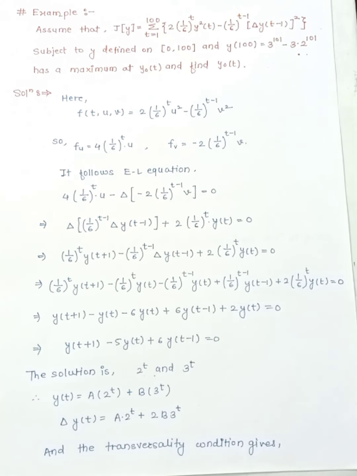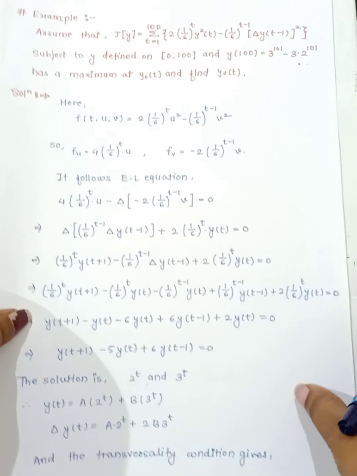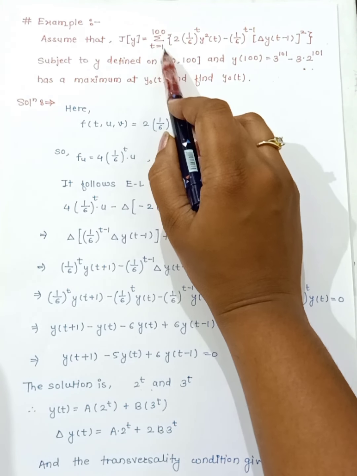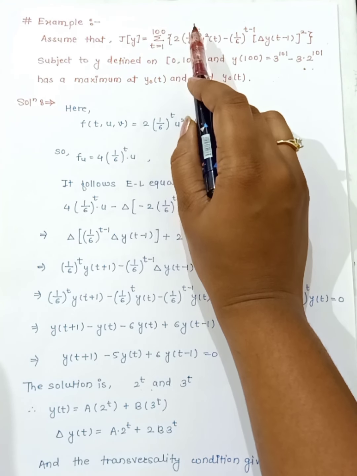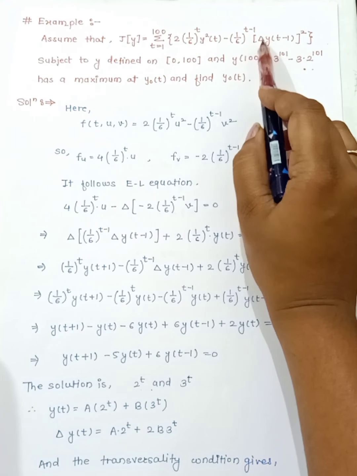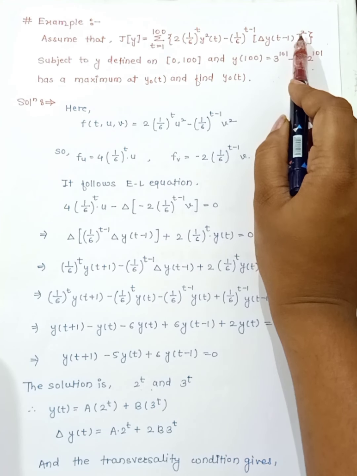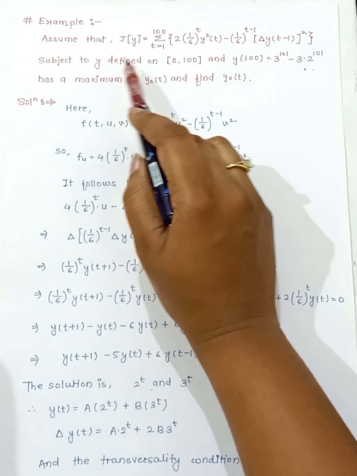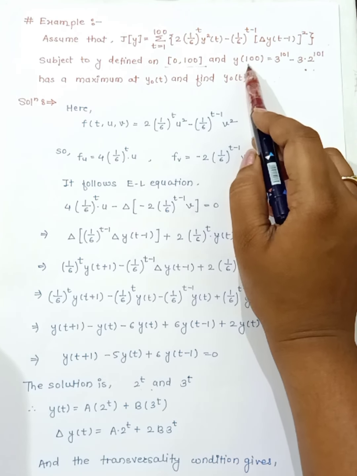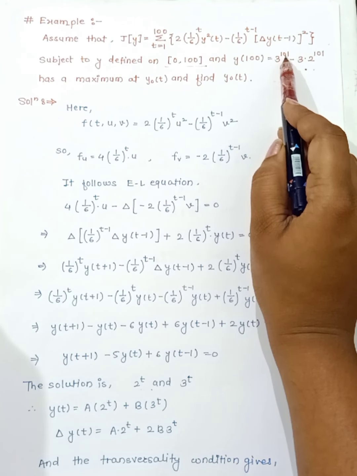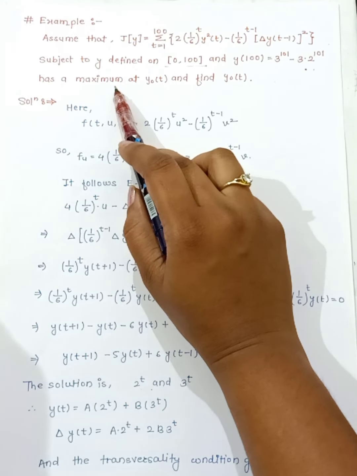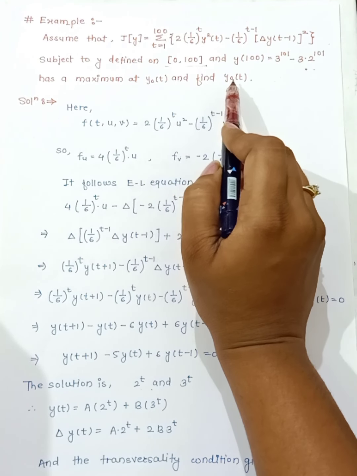So the example is: assume that J(y) = Σ_{t=a}^{100} [2·(1/6)^t y²(t) - (1/6)^{t-1} Δy(t-1)] = 0, subject to y defined on the closed interval [0, 100], and y(100) = 3^101 - 3·2^101, has a maximum at y0(t), and find y0(t).